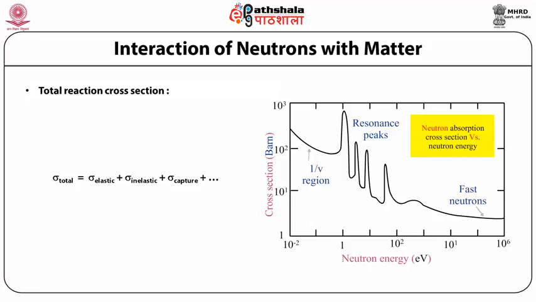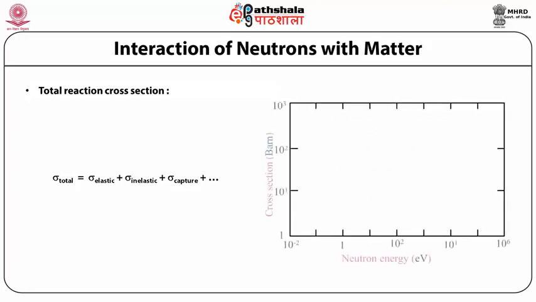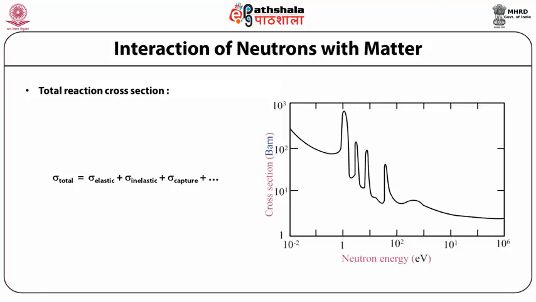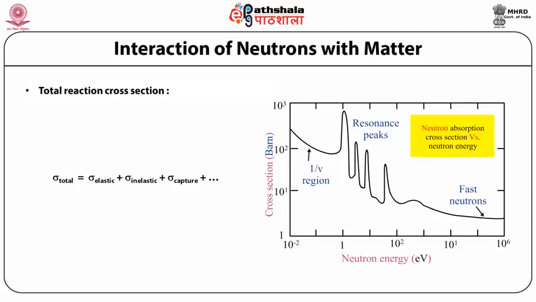In the picture on the right hand side, the plot of this total cross section as a function of neutron energy is shown. From this picture we can draw a few conclusions. First, the cross section decreases with increase in neutron energy.